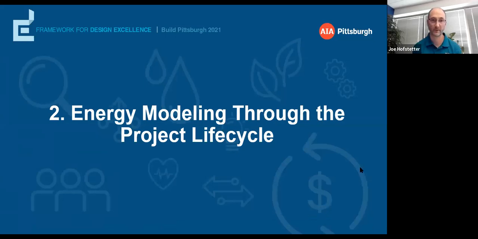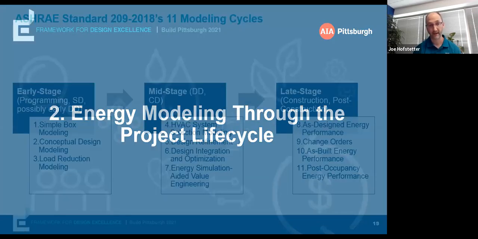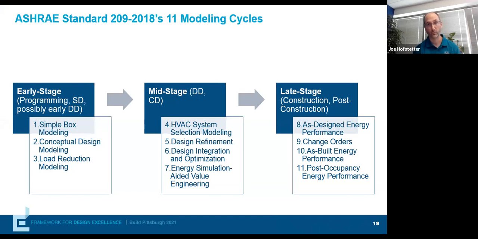So getting into some of the details about how this works through the process, and we're going to hint at ASHRAE 209, we're going to get into a little bit of the weeds here. If I can say one thing, and I'll reiterate it at the end, we're going to talk about three major points of all these different components of the modeling cycle.